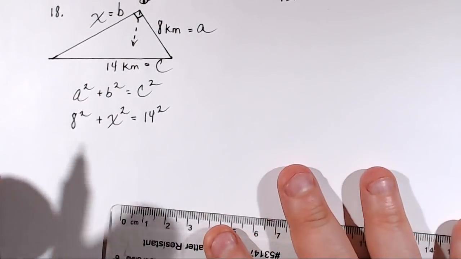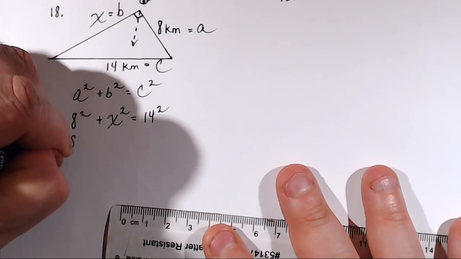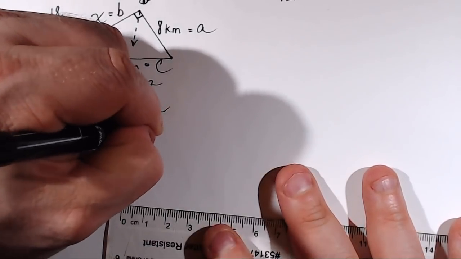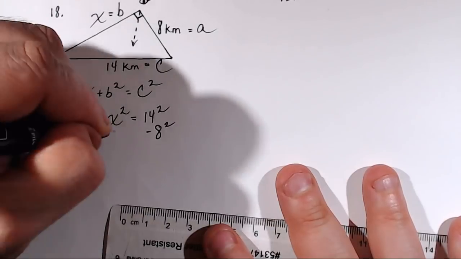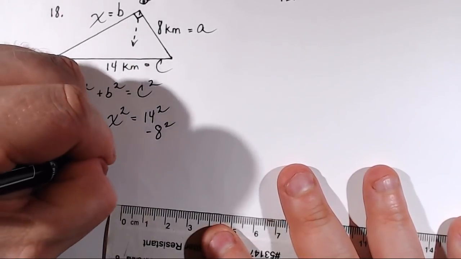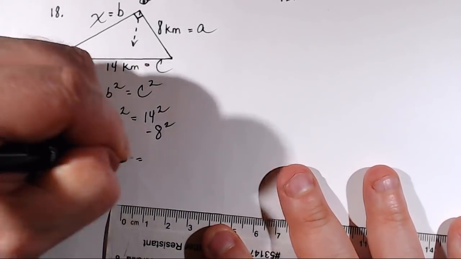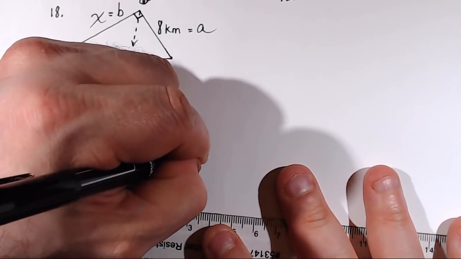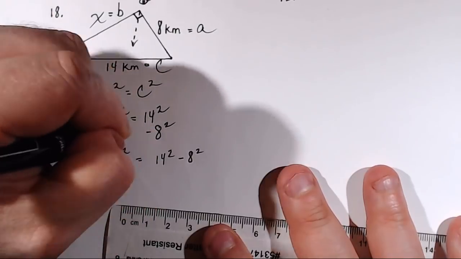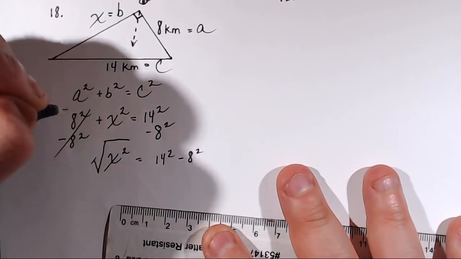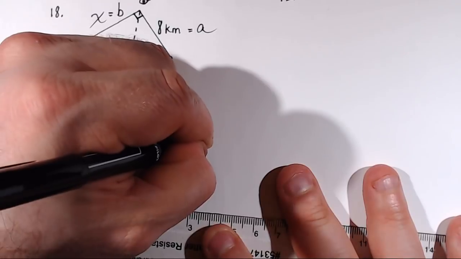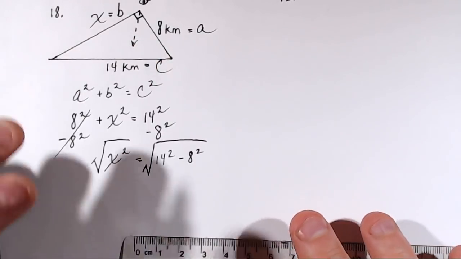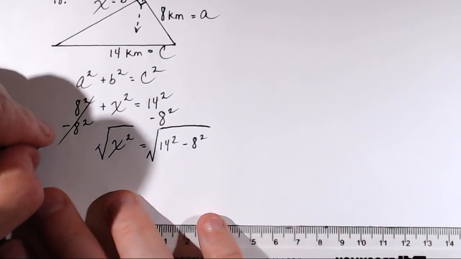But anyway, I'll subtract 8 squared from both sides. Get x squared equals 14 squared minus 8 squared. And we'll take the square root of both of those. And I've got to find out what 14 squared equals.